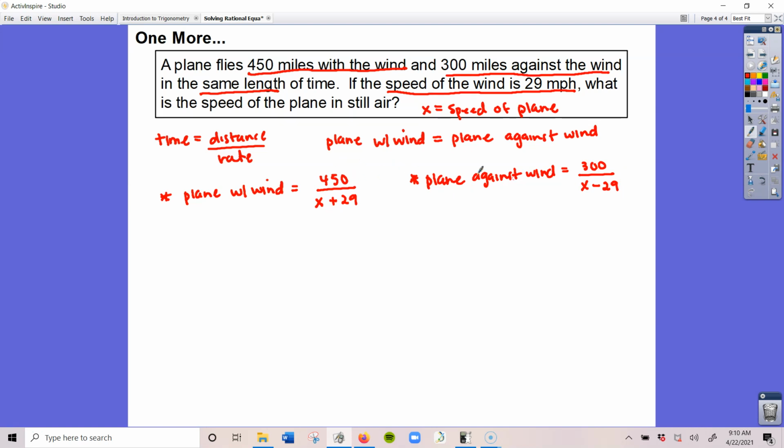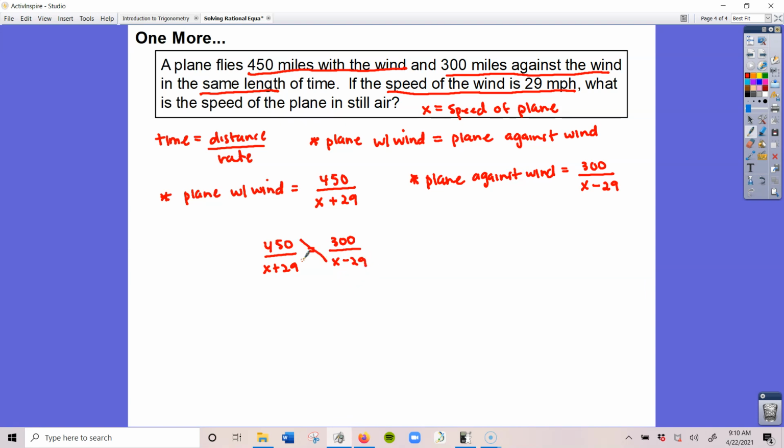So now that I have these expressions, this is my verbal equation here, so I'm going to make this rational expression equal to this one. So 450 over x plus 29 is going to equal 300 over x minus 29.